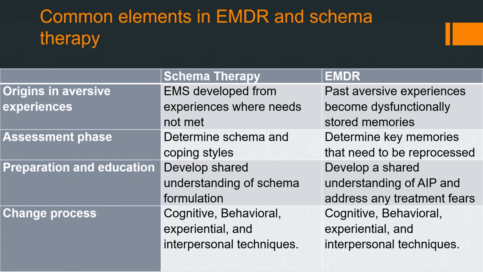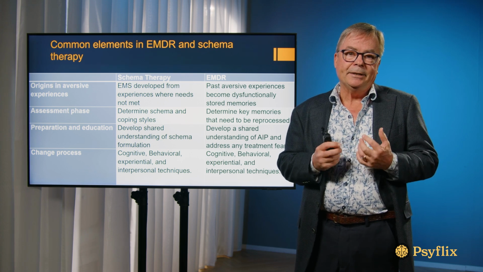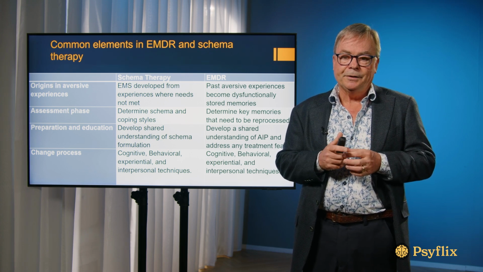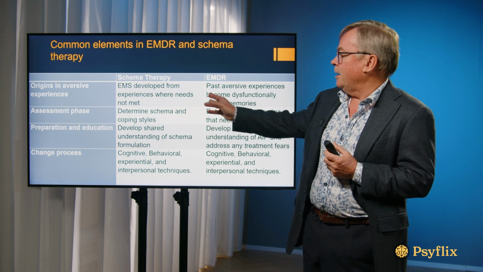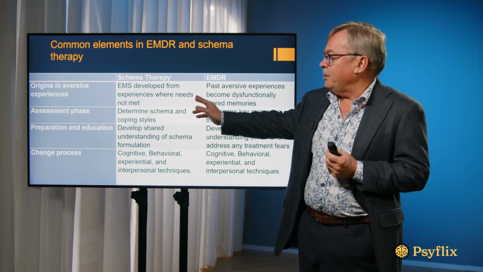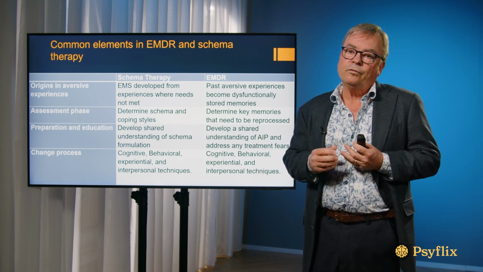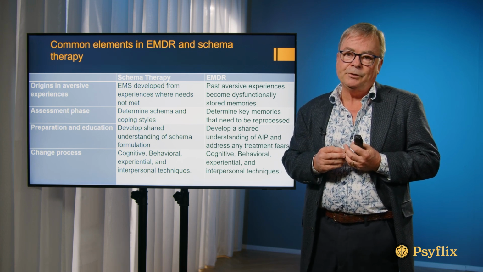Now, in this slide here, I have focused on 4 areas where there's some shared ideas between EMDR and schema therapy. The first is they share some ideas about common origins. In schema therapy, the idea is that early maladaptive schemas are developed through aversive experiences in childhood.